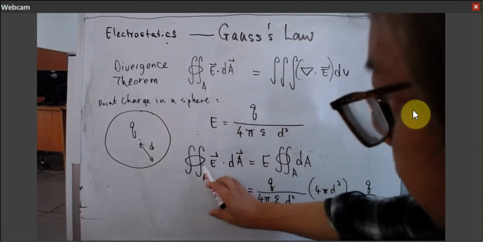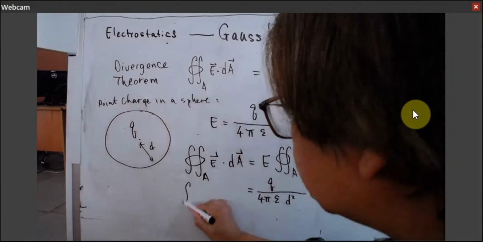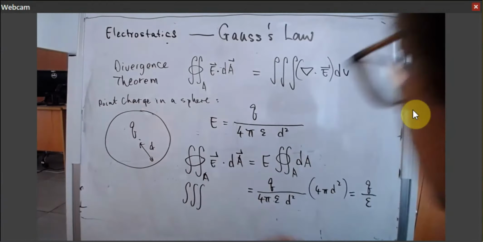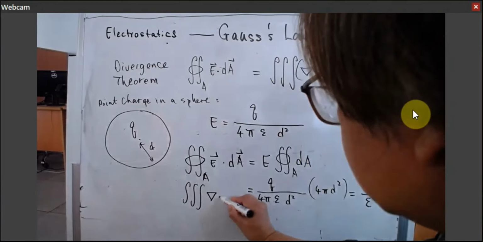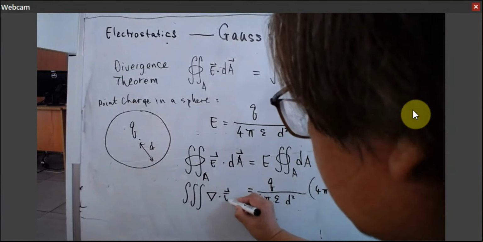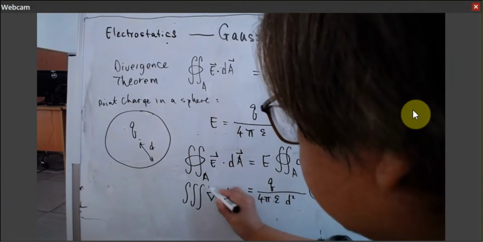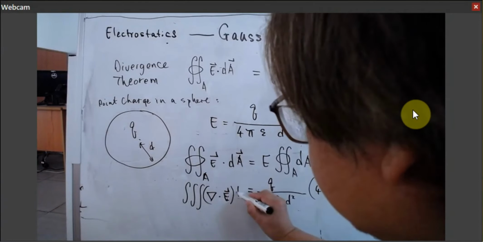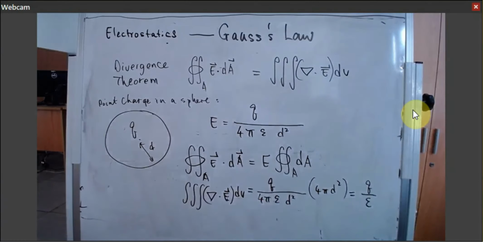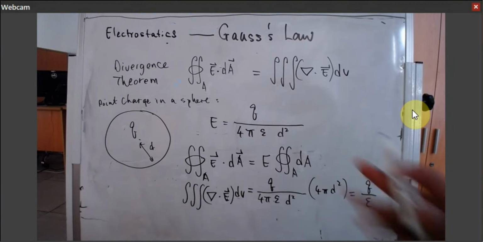Because this is also equal to the volume integral of the divergence of vector E dV. The volume indicates it doesn't matter what kind of volume it is. The formula is applicable.